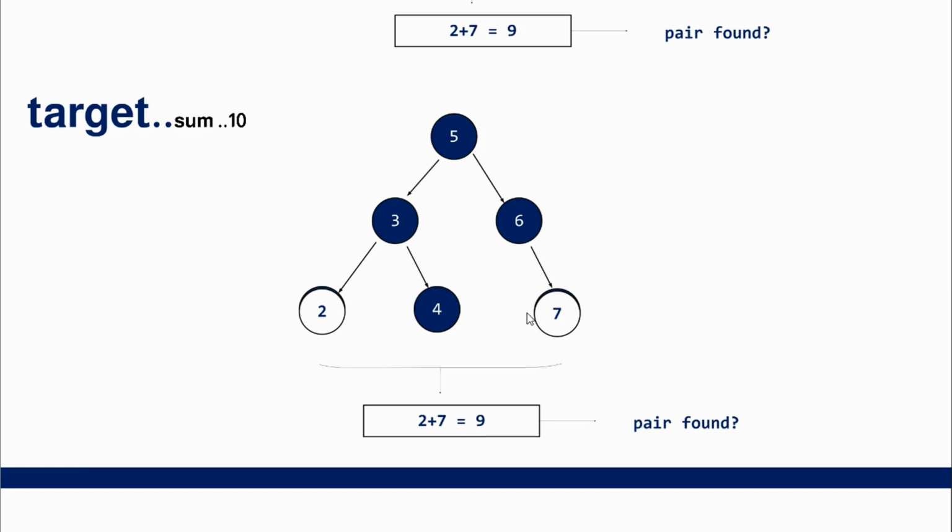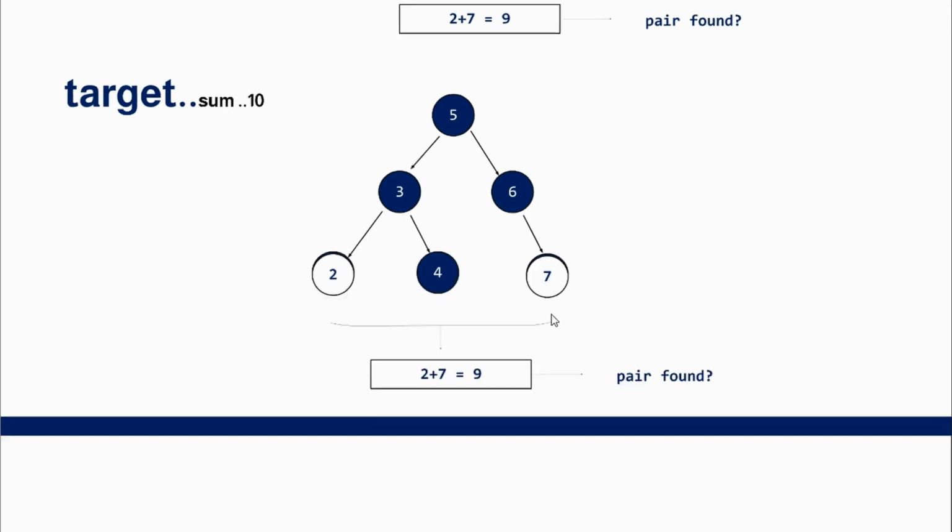If we sum up these two node values, it is 9, and you can see our target sum is 10, so 9 is lesser than 10. So in this case we'll adjust our pointer, we'll move our smallest element or we can move our greatest element.